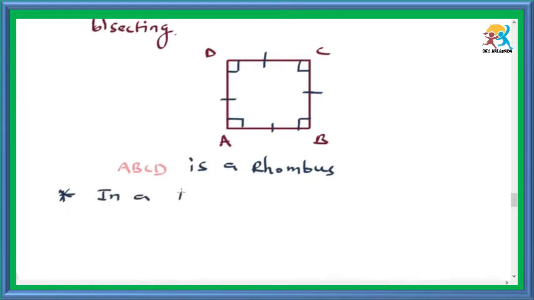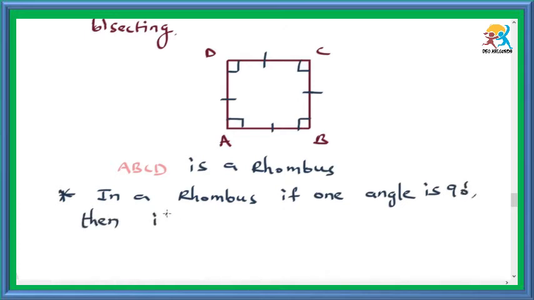In a rhombus, if one angle is 90 degrees, then it is called a square. It has two definitions.